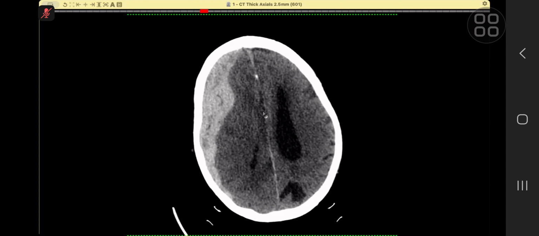Now, this case is a case of subdural hematoma. It was a subtle subdural hematoma which was missed. I'll show you what was missed. This is a real-life case.